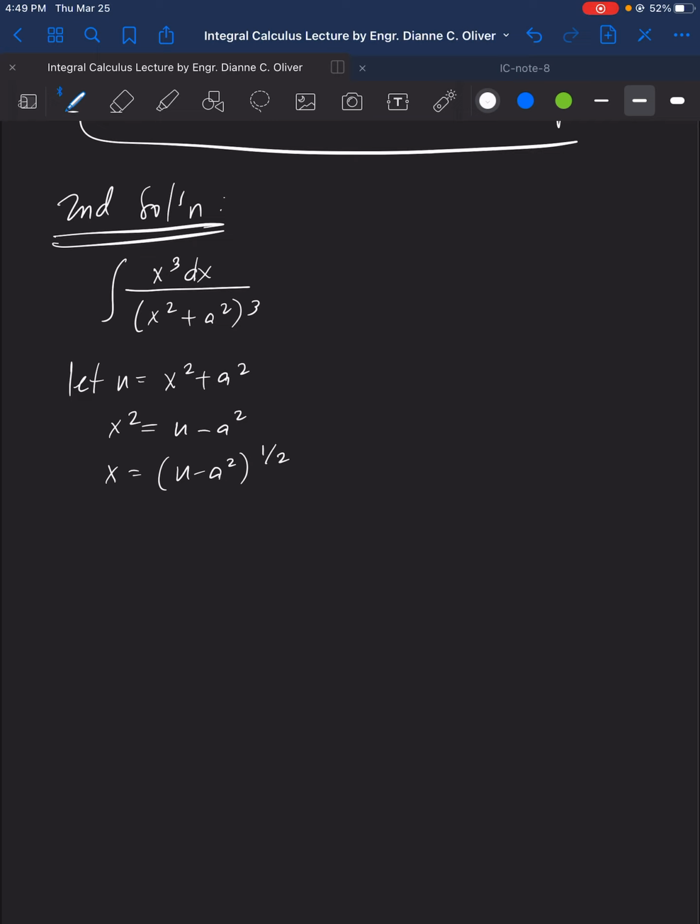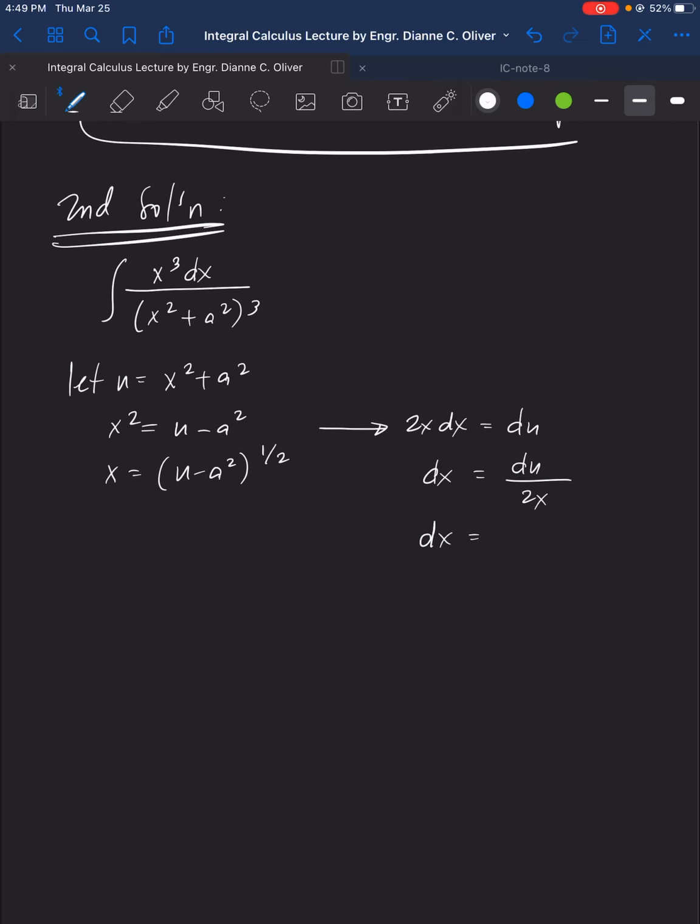Then we have here x is equal to u minus a squared raised to 1/2. Then for dx, we will take this one. For dx, we have 2x dx is equal to du. So dx is equal to du over 2x.